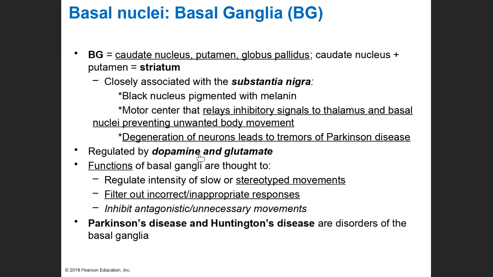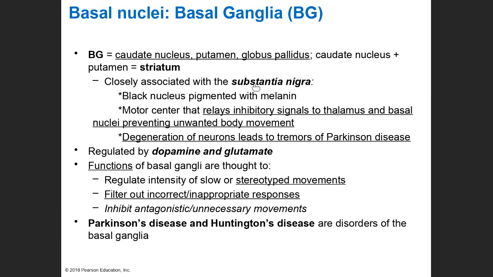Now, you remember dopamine, we talked about it. Dopamine can be excitatory or it can be inhibitory. So the deal is that the substantia nigra releases dopamine onto the striatum, and that is what is going to inhibit unwanted movements.